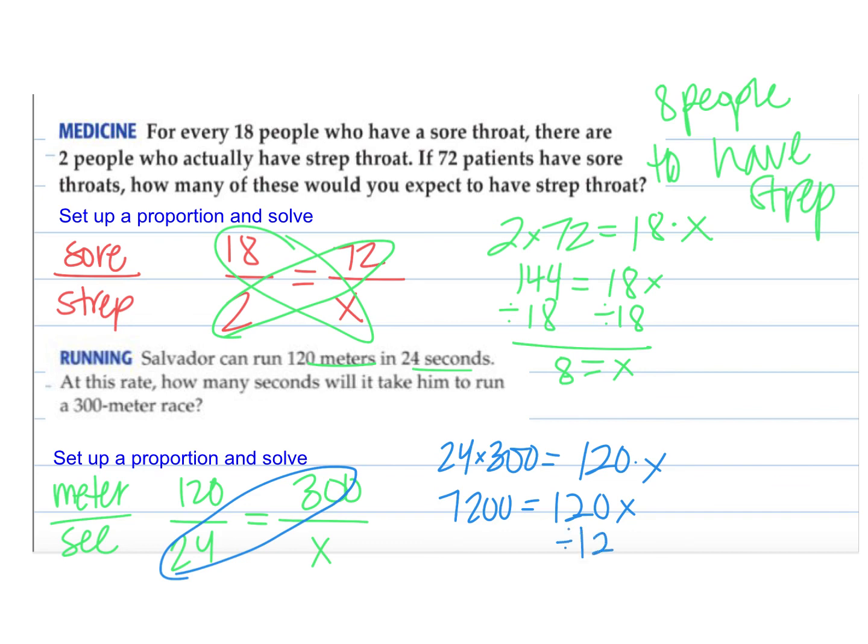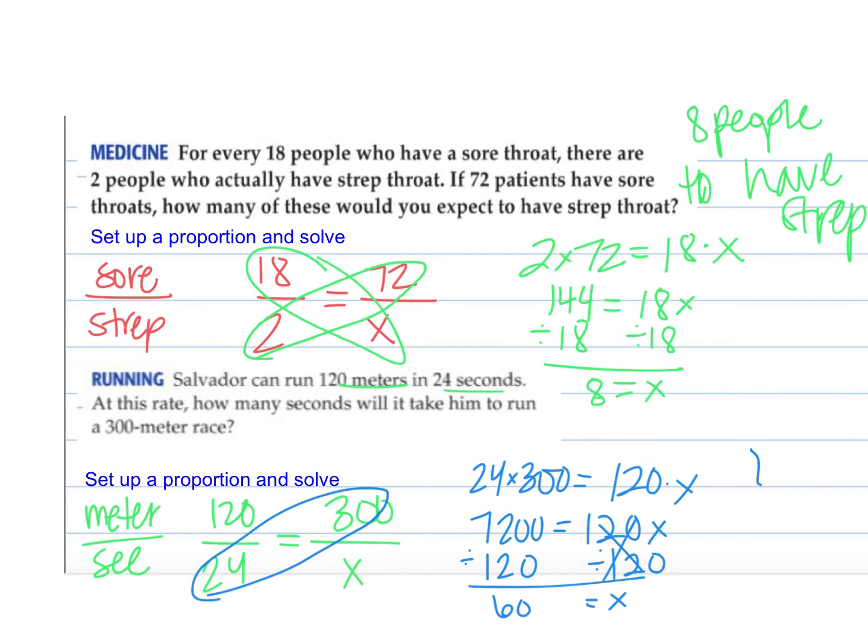Divide both sides by 120, whatever number is with the variable. So 7,200 divided by 120, x equals 60. So it's at how many seconds? So that would be 60 seconds to run those 300 meters.